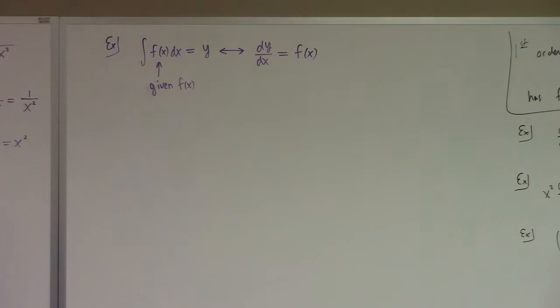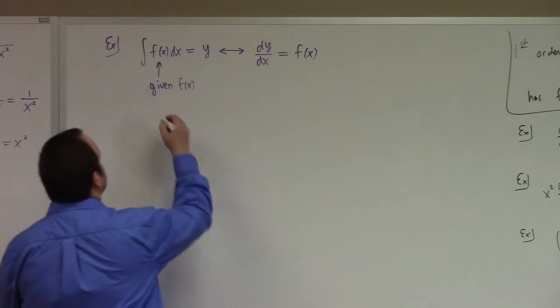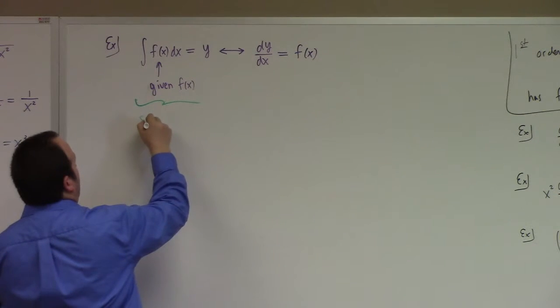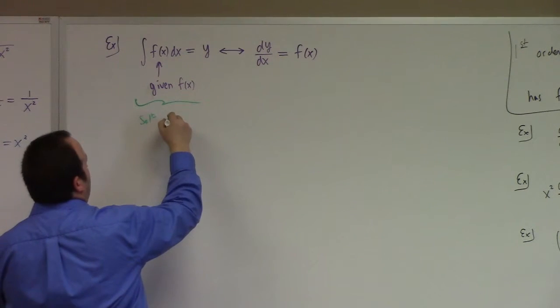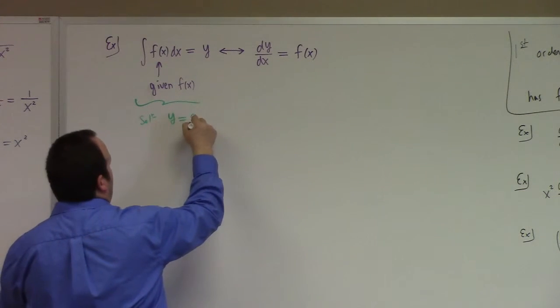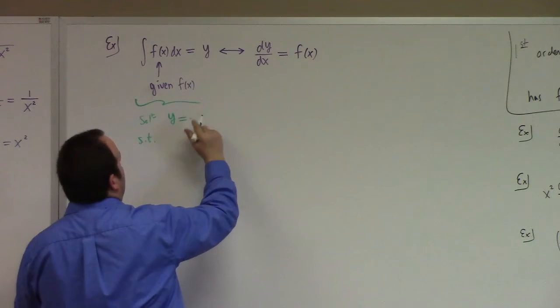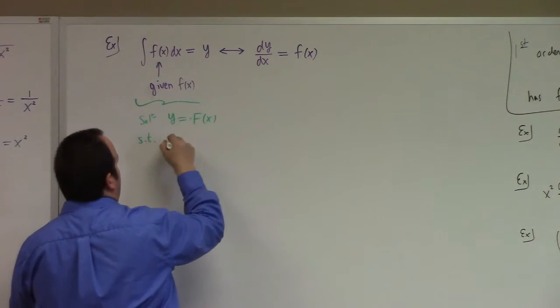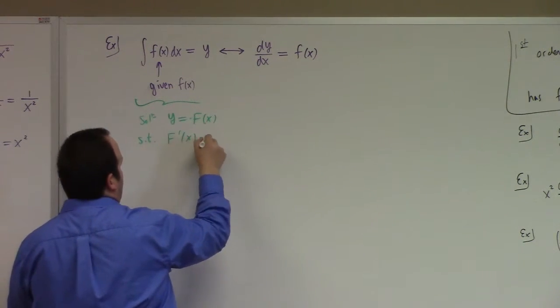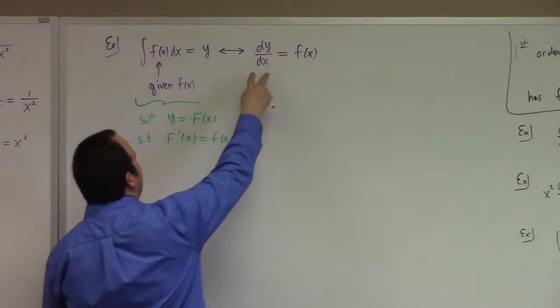What's a solution to something on the left-hand side? It's y equals to what? Say g of x such that what? I mean, I guess we usually use big F of x, right? Such that F prime of x equals little f of x, right? But that's the same thing over here.